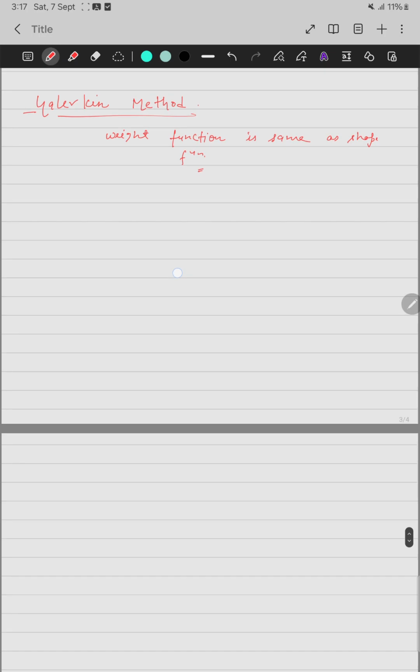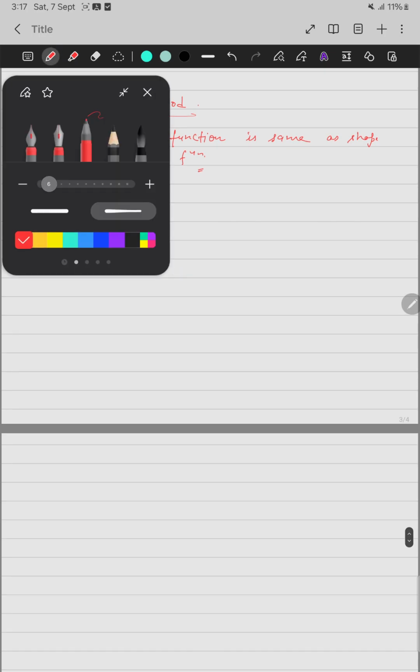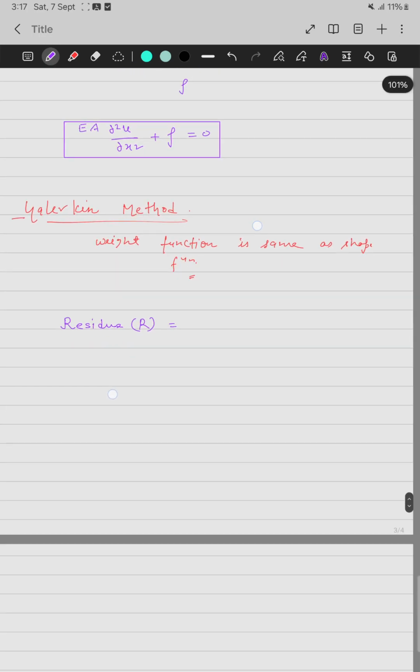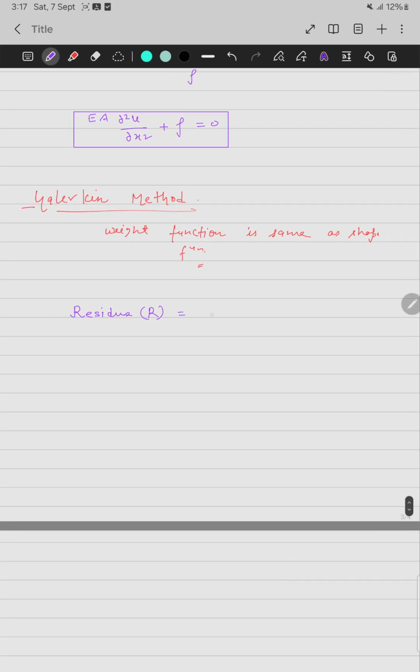As we have studied in the initial lectures of FEA, we represent a residue R. For this particular bar equation, we write the whole left hand term of that equation. So R equals EA del 2u by del x2 plus rho.